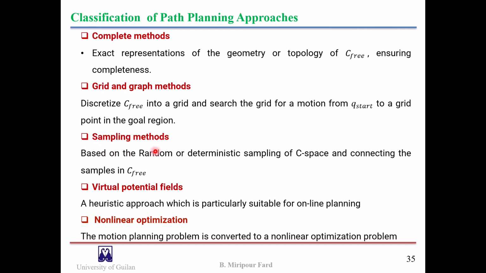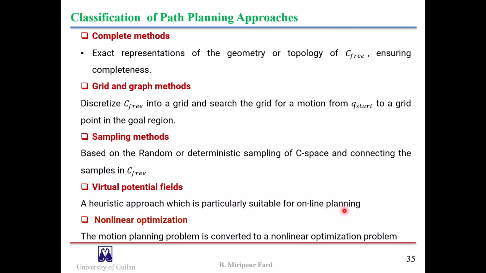Sampling methods are based on random or deterministic sampling of C space and then connecting the samples in C-free. Virtual potential fields is another type of motion planning. This is a heuristic approach which is particularly suitable for online planning.